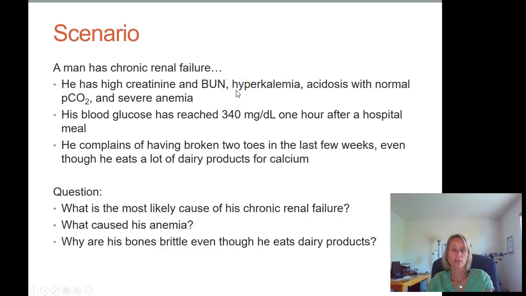That's going to stimulate parathyroid hormone. And then also, he's not going to be getting rid of enough phosphate, because the kidneys get rid of phosphate, and that's going to lead also to hypocalcemia and the release of parathyroid hormone. And then parathyroid hormone is going to cause the breakdown of bone to release calcium into the blood. All right, that's it.